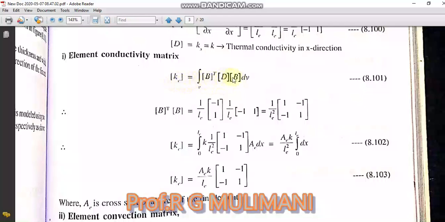What is B here? 1 by le [minus 1, 1], and B transpose, and it is the material constant. For conduction you need to take the k value. It is already done in the previous video sessions. Simplifying this, you will get k equal to Ak by le [1 minus 1; minus 1 1], the element conductivity matrix, where A is the area of the element, k is conductivity, and l is the length of the element.